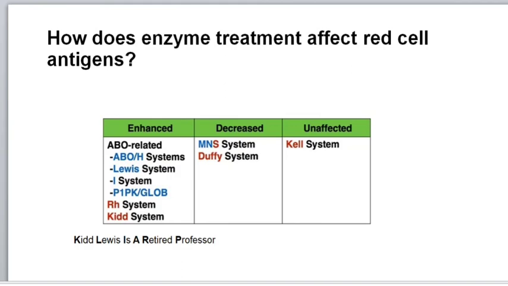Those antigens which are enhanced by enzyme treatment, I have learned a small mnemonic for that, which is Kid Lewis is a retired professor, and this mnemonic stands for Kidd system, RH system, ABO antibodies, Lewis antibodies, I system, and P system. So these are the red cell antigens which are enhanced by the enzyme treatment.